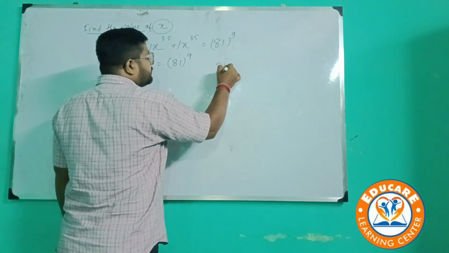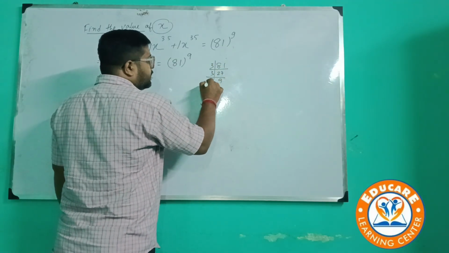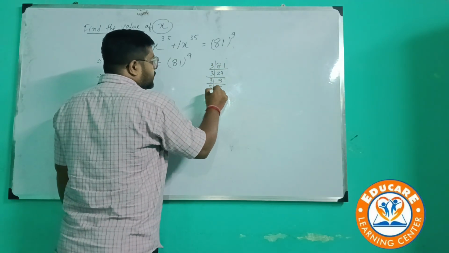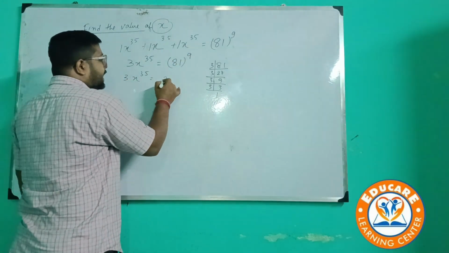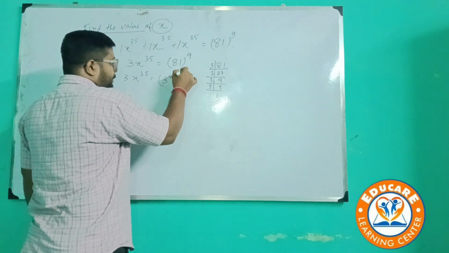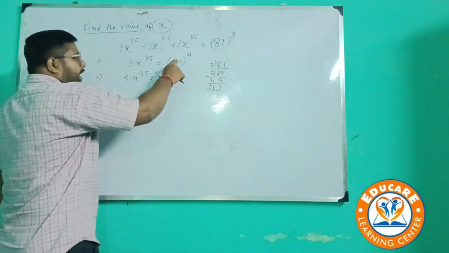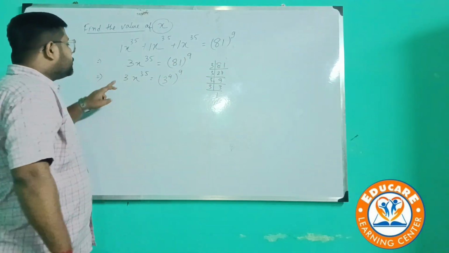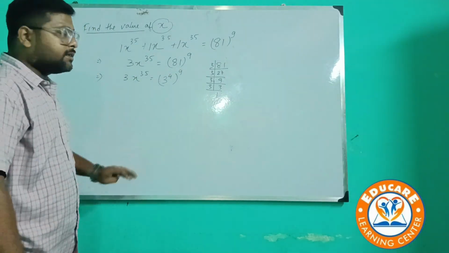So if we take the LCM of 81, we get 27, 9, 3 and 3. So what we are getting is 3 to the power 4. So in place of 81, we can write 3 to the power 4, and put 9 as it is. We are just doing the LCM of 81, and since we need to make it a power of 3, that is the reason we are doing the LCM with 3.